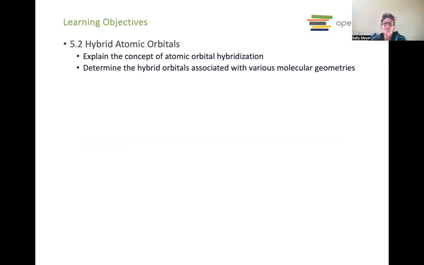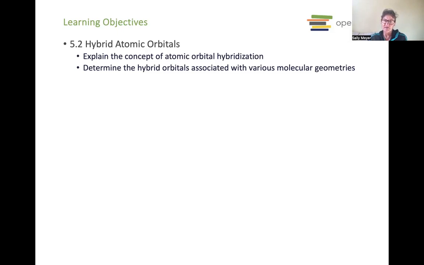So sometimes you can't explain the geometry or the number of bonds unless you do some mathematical operations with your functions, which is totally fine. It would be nice if we could do the calculus so you could see where these orbitals come from. If you take higher level physical chemistry, or if you take a quantum mechanics course in physics or modern physics, you'll get to see the actual math, and this will make more sense.